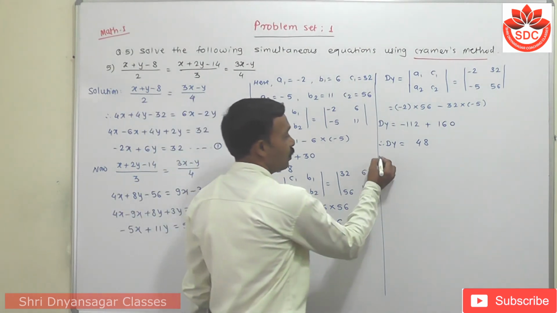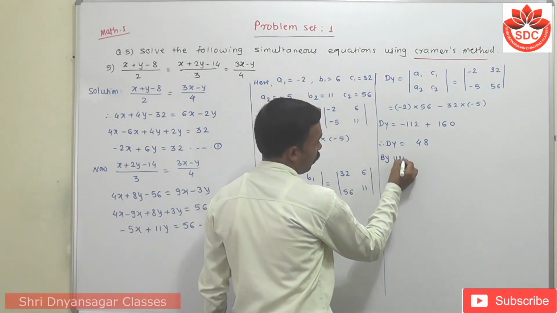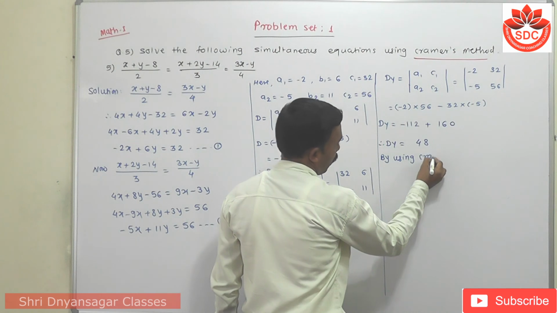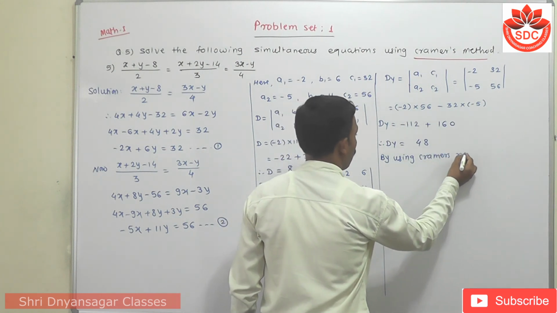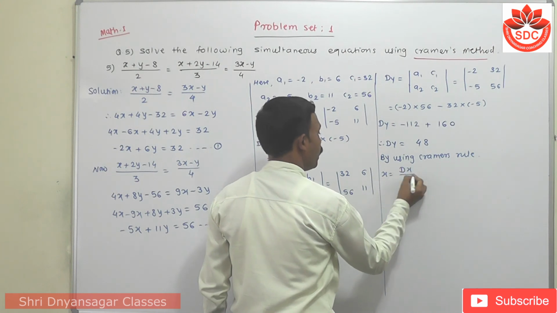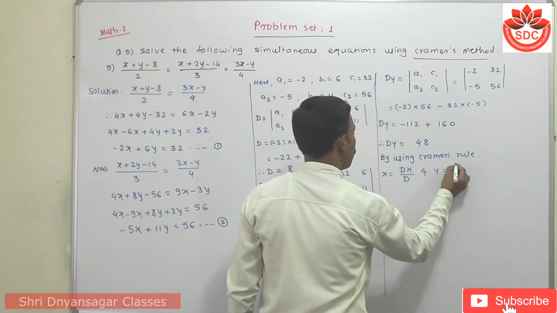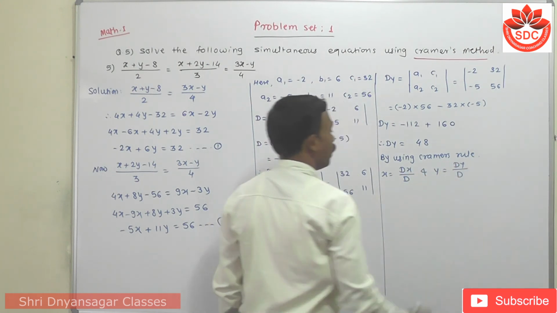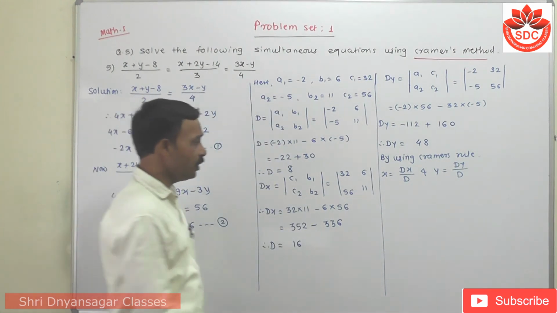Then by using Cramer's rule, this rule is x is equal to Dx upon D and y is equal to Dy upon D. Now substitute these values.